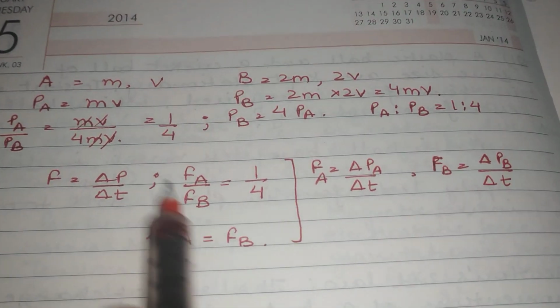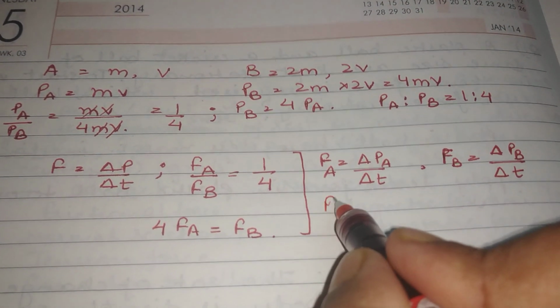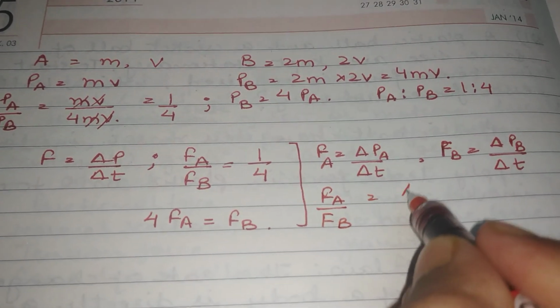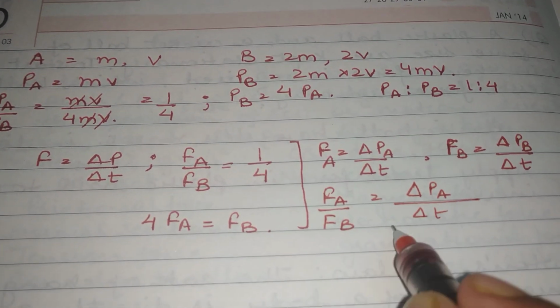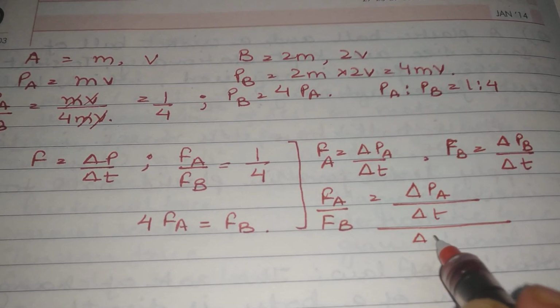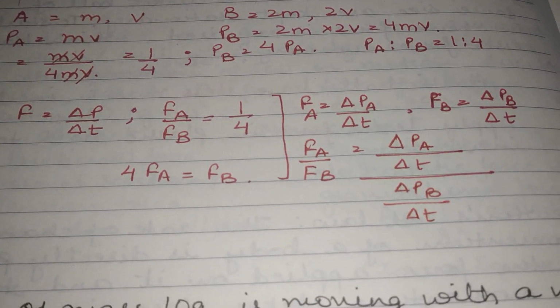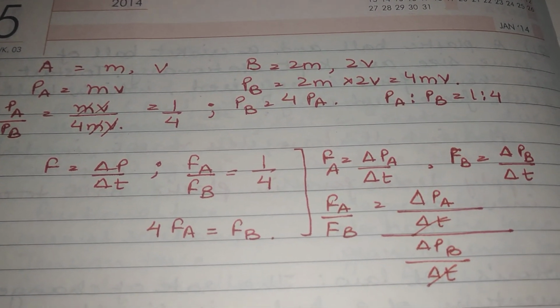Now when you take the ratio of both the forces, then FA upon FB is delta PA upon delta T, whole upon delta PB upon delta T. Delta T cancels out, and what are you left with?